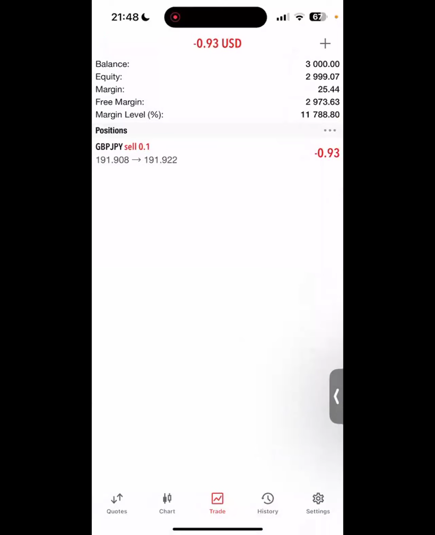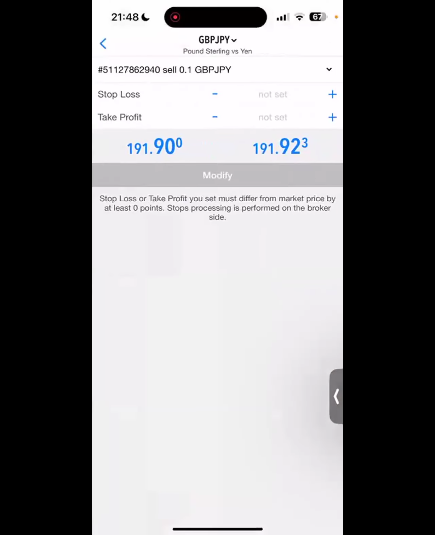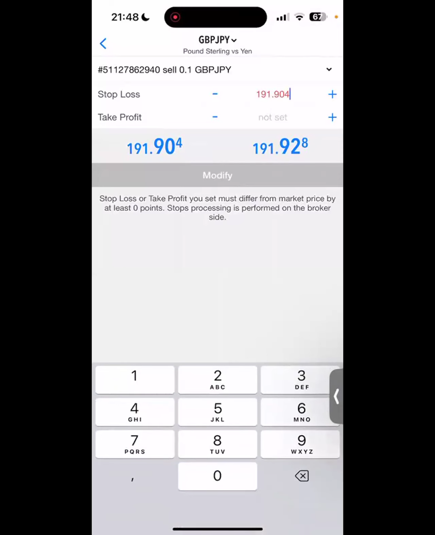So click modify again, on the same trade, yeah? And should I put in the stop loss as well? Yes, please. Okay. What's your stop loss? 191 point what? 191.4832.